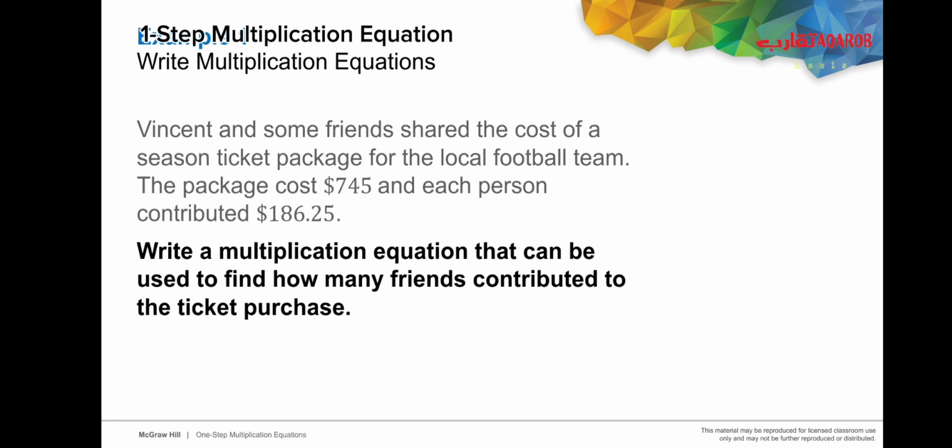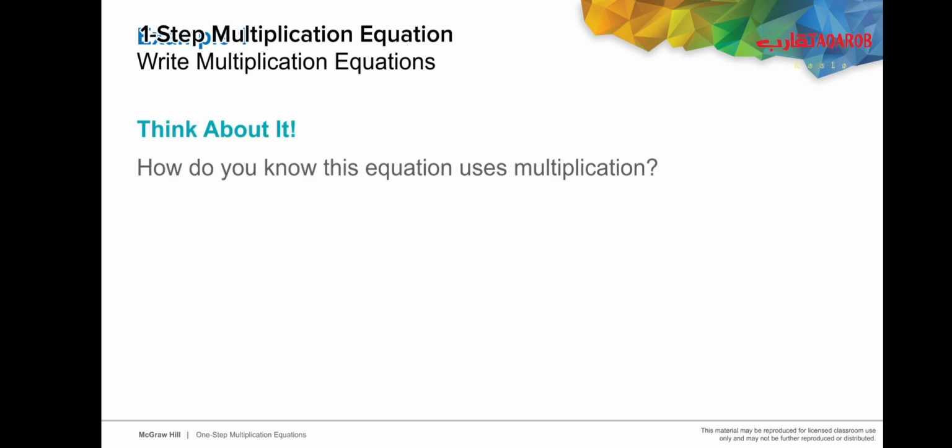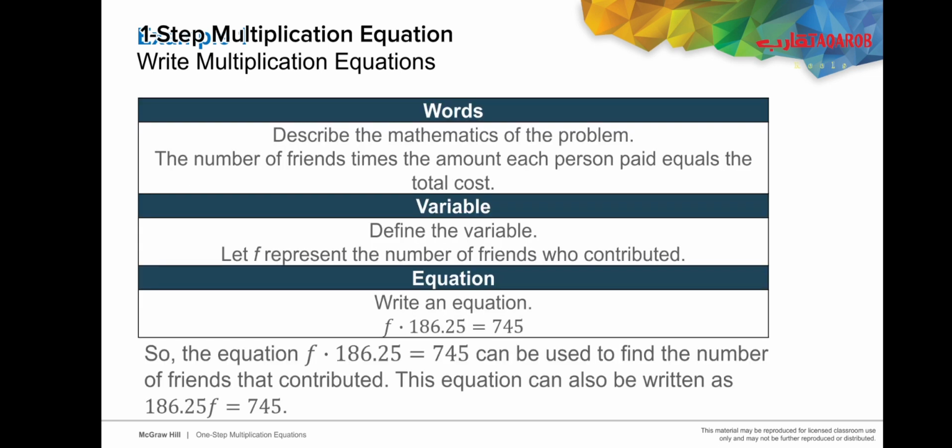So I can define a variable, for example P, or F as you want, for the number of persons. I can multiply it by the cost of one ticket to get the total cost of all of the tickets together.